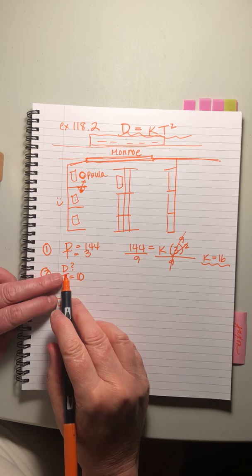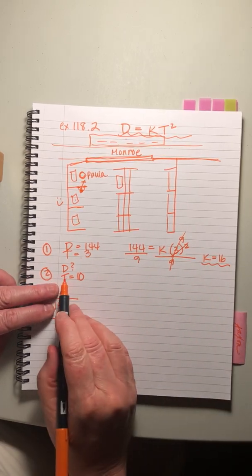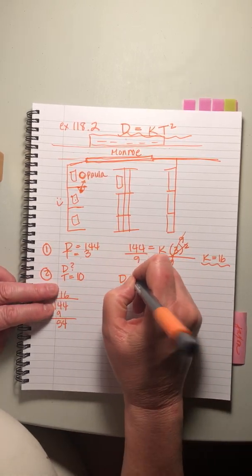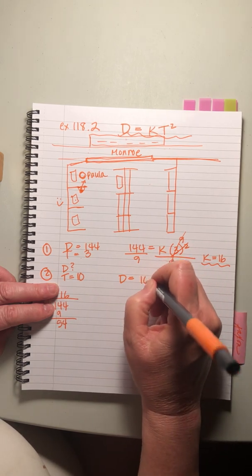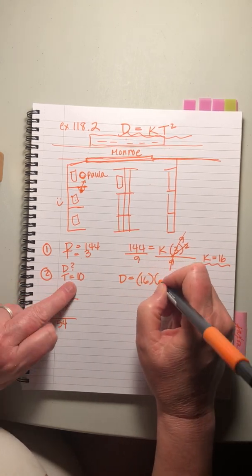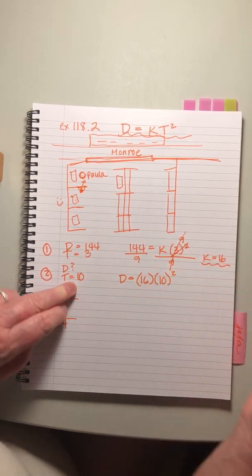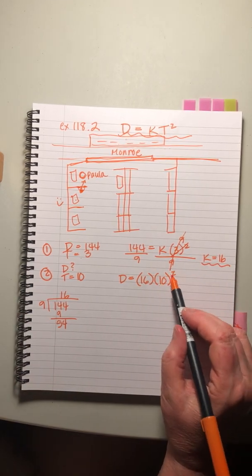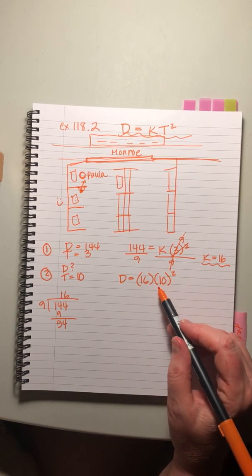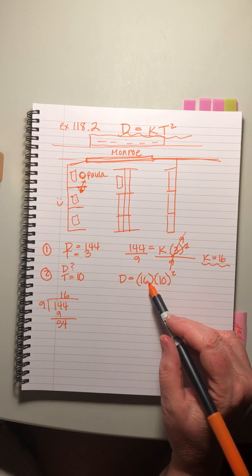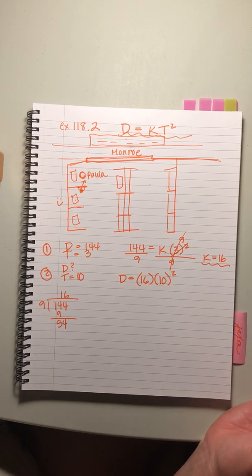All right, now we're ready to take this number into the second part of the problem and say the distance equals K times the time squared. Only the time gets squared, so make sure you write that carefully. I didn't need parentheses on this for sure, but you do need them here.